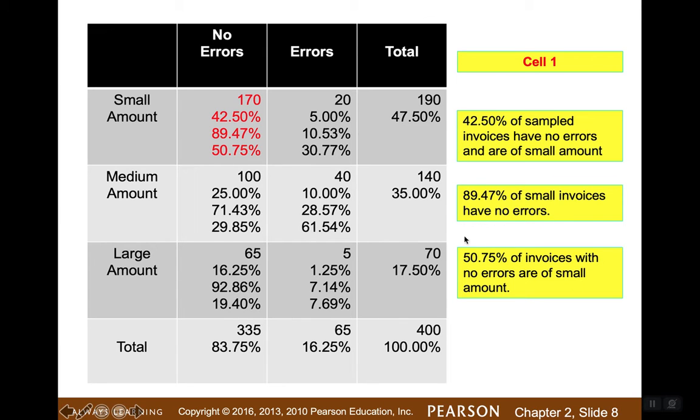And finally, the third percentage is 50.75% of the invoices with no errors are also of a small amount. All right, so we do this calculation for each cell.